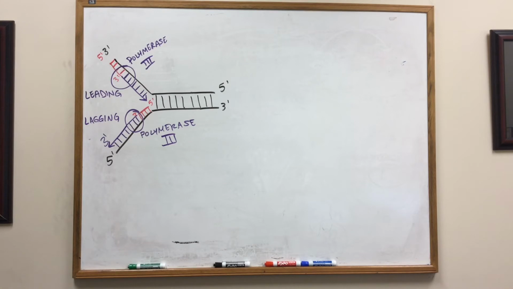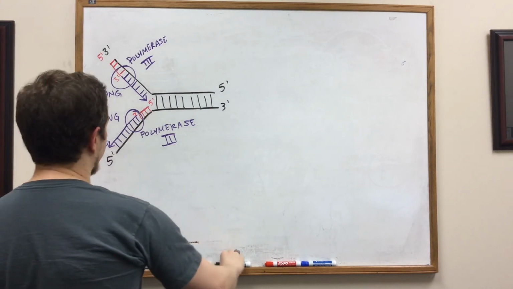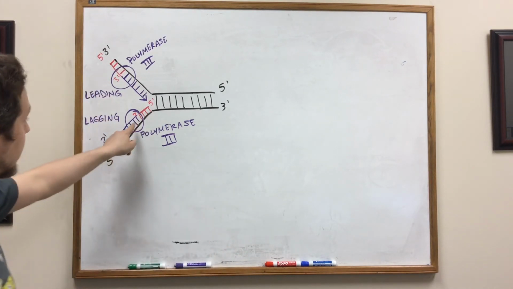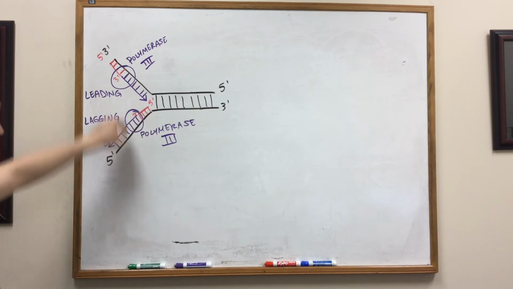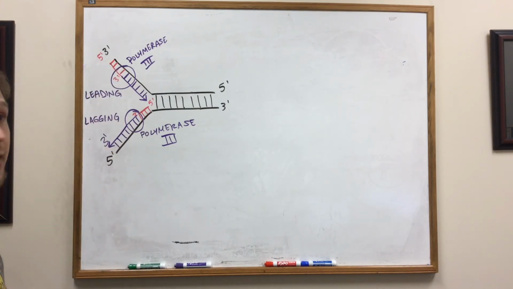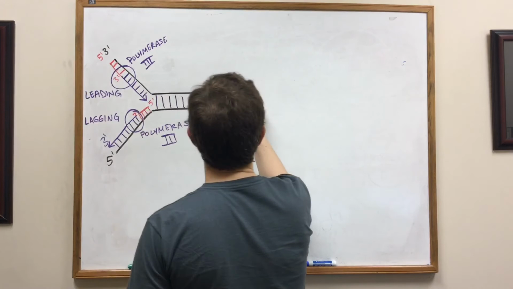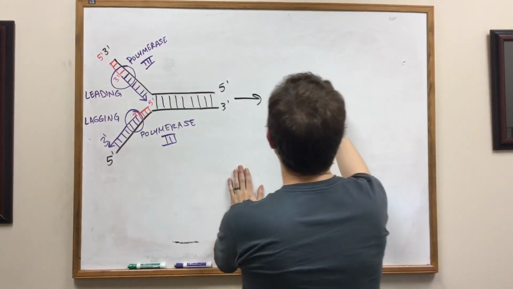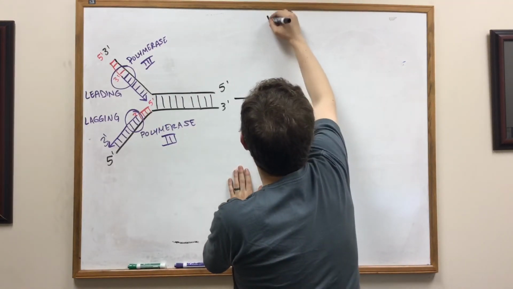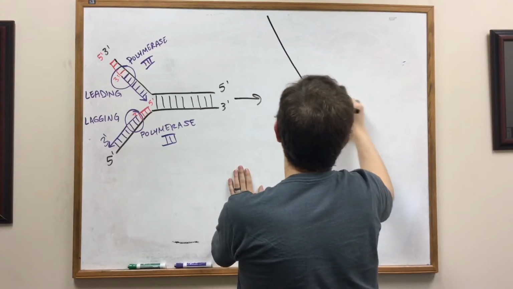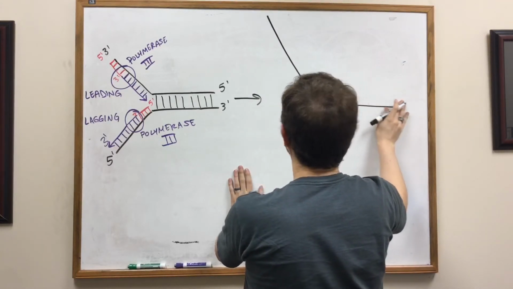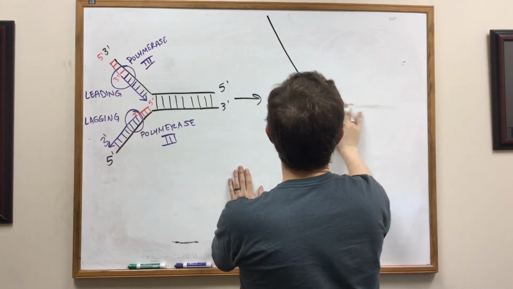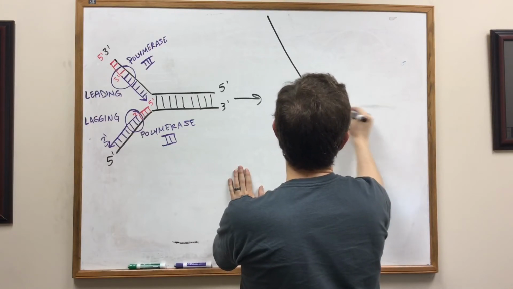Now, the reason this is called the lagging strand is because as the polymerase is synthesizing this DNA, the helicase is still unwinding the replication fork. And so what's going to wind up happening is we're going to wind up opening that replication fork even more. So we're going to open it up a little more.